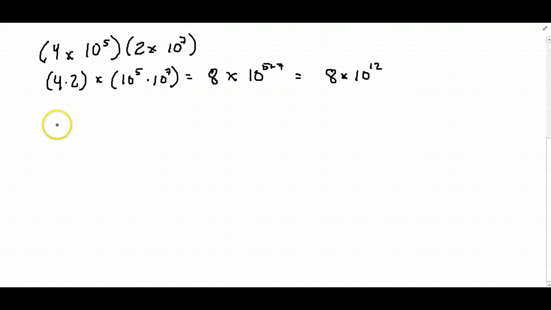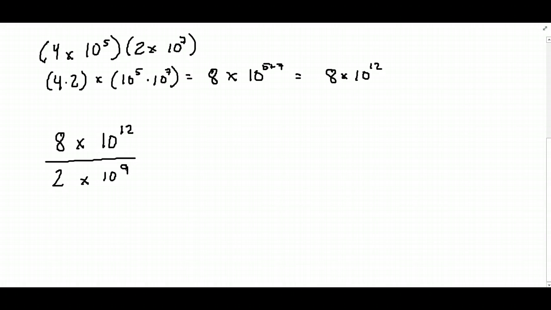And let's look at dividing numbers in scientific notation. So if we have 8 times 10 to the 12th power, all divided by 2 times 10 to the 9th power, we do the same thing.